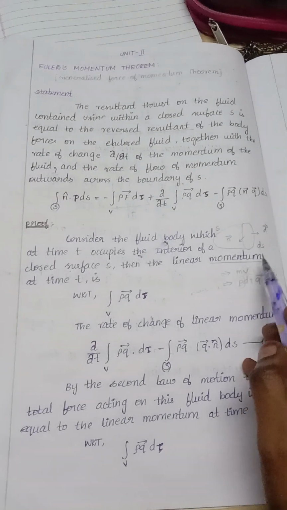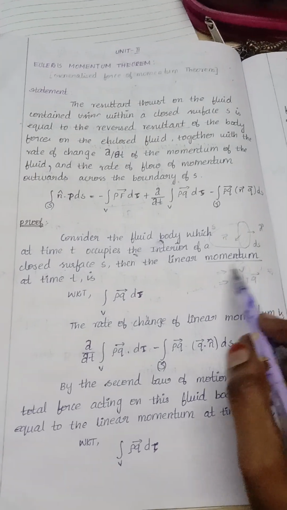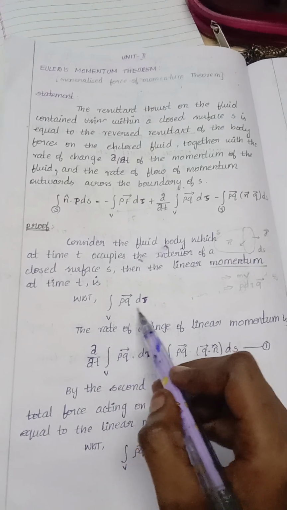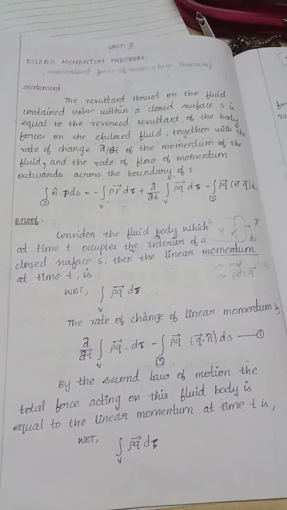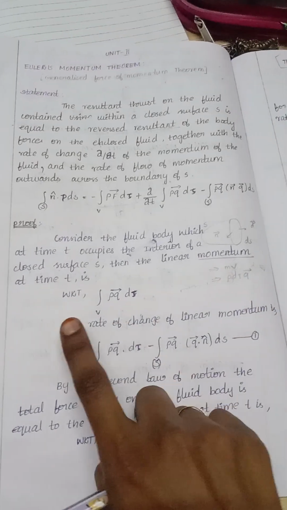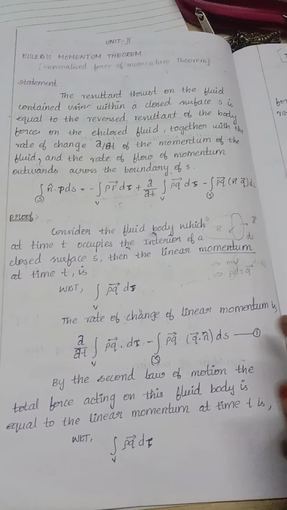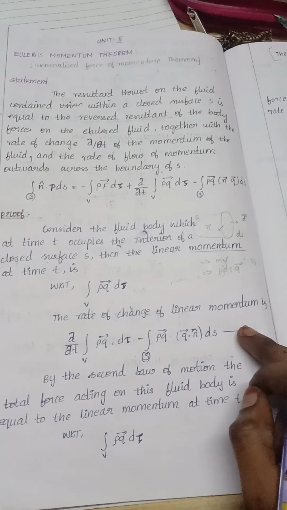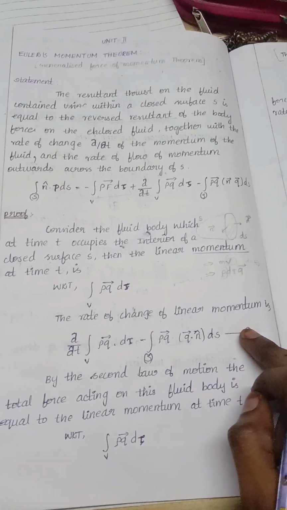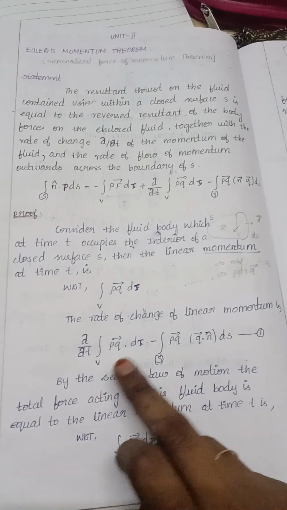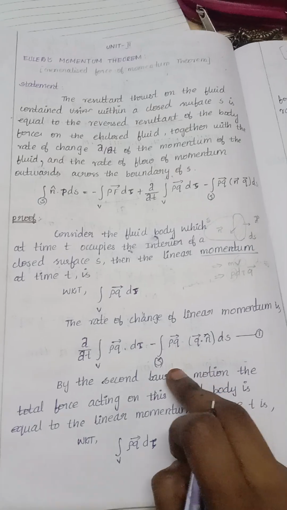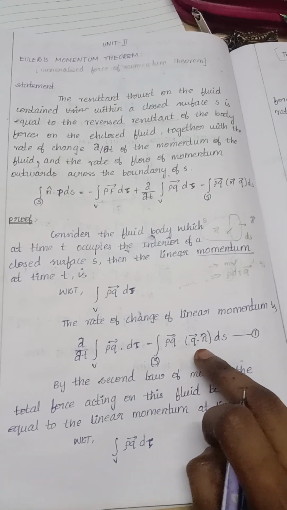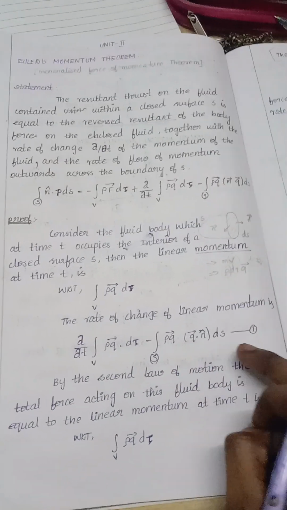For the whole volume we have to denote it as an integral, so integral over V of ρ q vector dτ. This is the linear momentum with respect to time, and its rate of change will be seen in the equation of motion of an inviscid fluid. So that form is taken here: ∂/∂t of the integral over V of ρ q vector dτ, minus the integral over S of ρ q vector dot n cap dS.